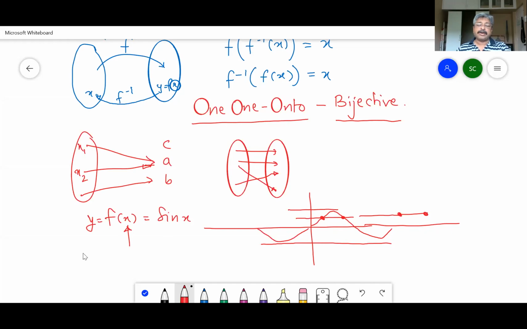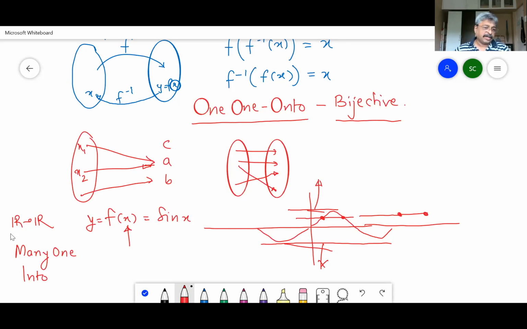There are many x values with the same y coordinate. Therefore, we said if sine x is from R to R, then it is many-one, and it is into, because after 1 these values will never be attained, after -1 these values will never be attained, and therefore there are many real numbers in the codomain which are unattained.